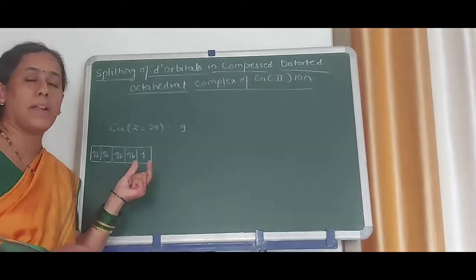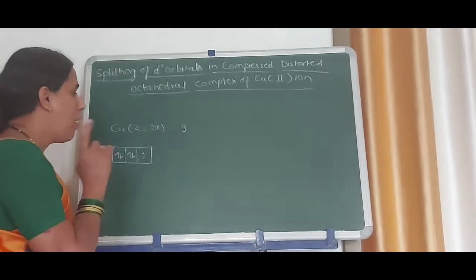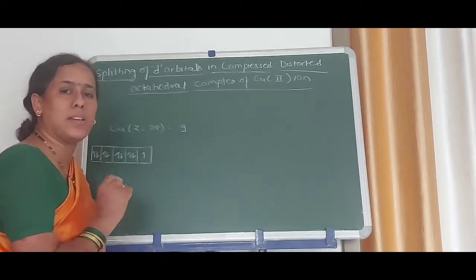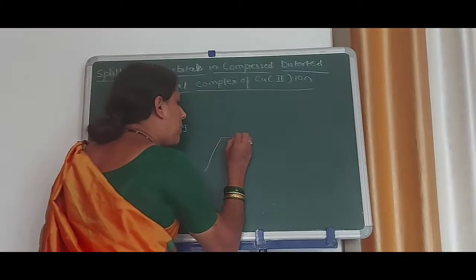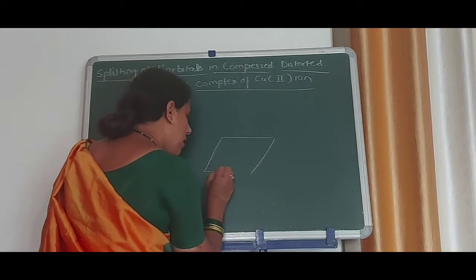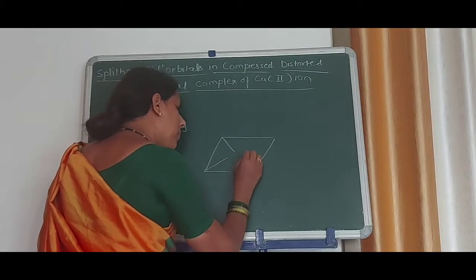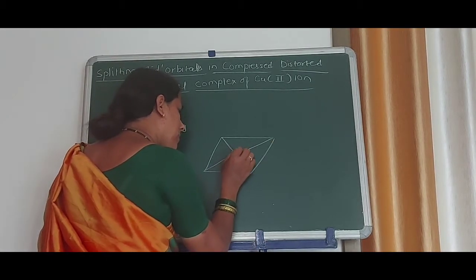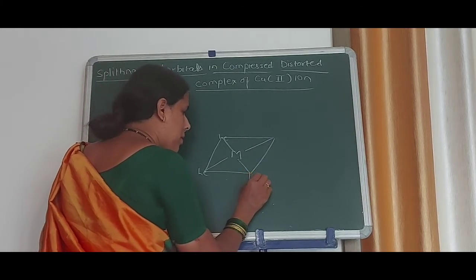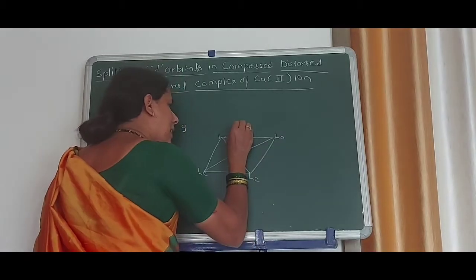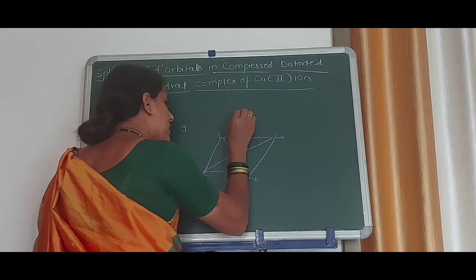Before seeing the splitting of the orbitals, we can see the block diagram of a compressed distorted structure. How is it formed? See here. In the compressed distorted structure, these are the equatorial positions and these are the axial positions along the z axis.